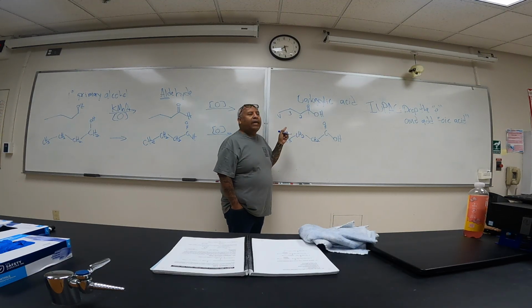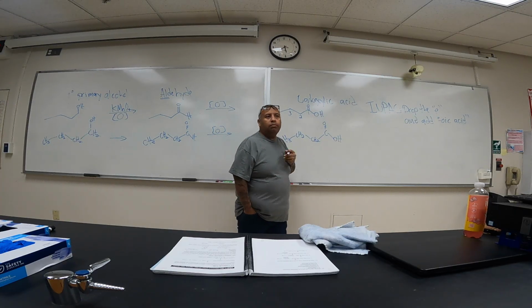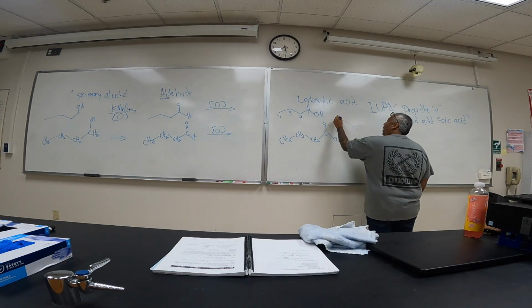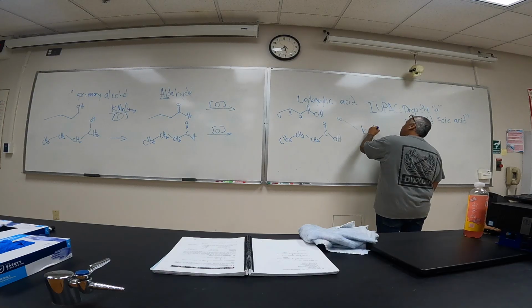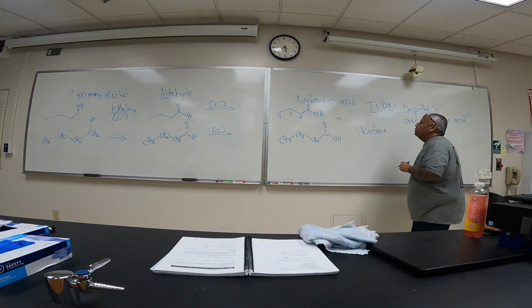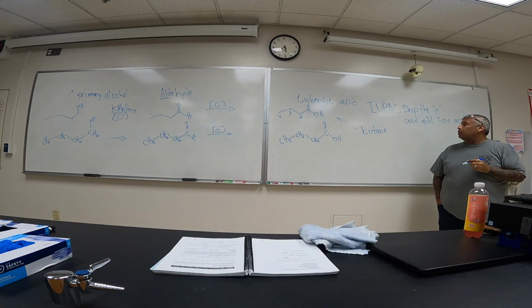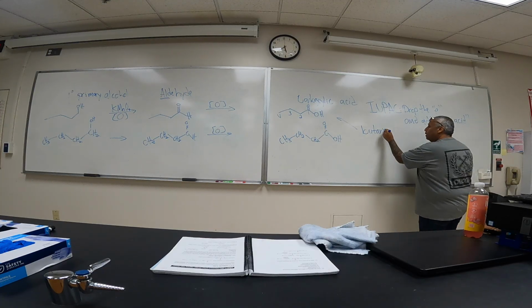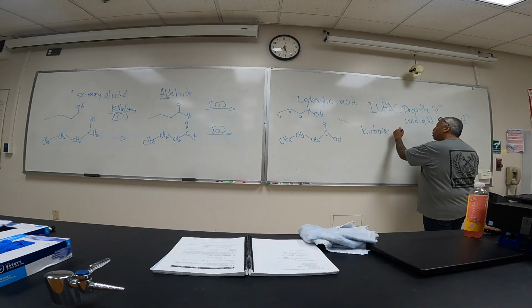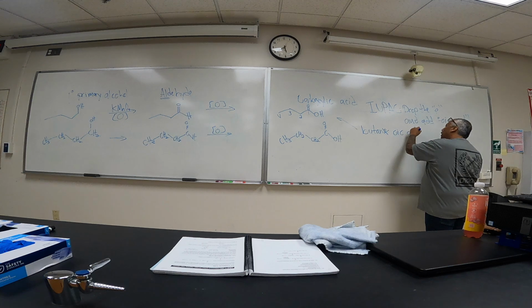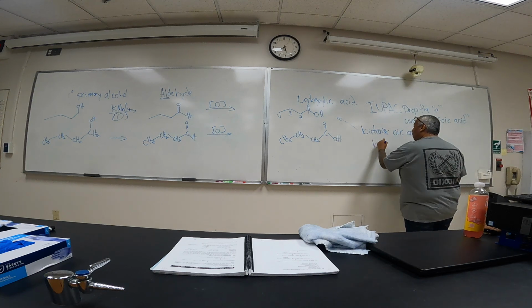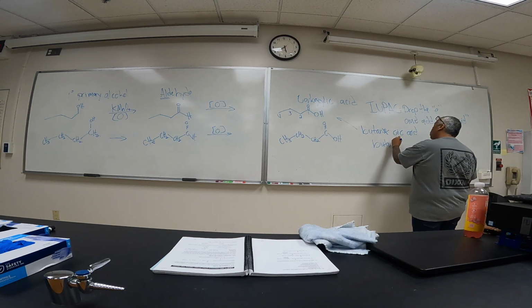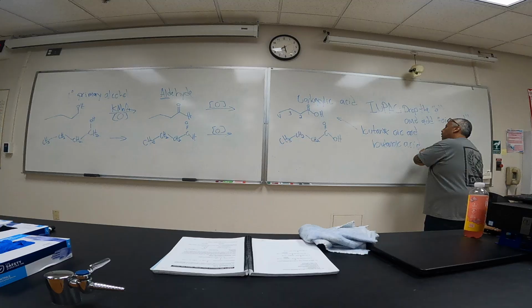What's the alkane that has 4 carbons? Butane. So if I want to name this, this is where I start. I know that it comes from butane, and then we remember this rule: we drop the E, and we add oic acid, and we get butanoic acid.